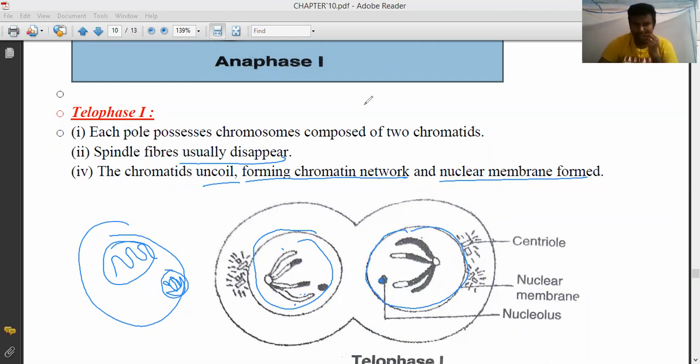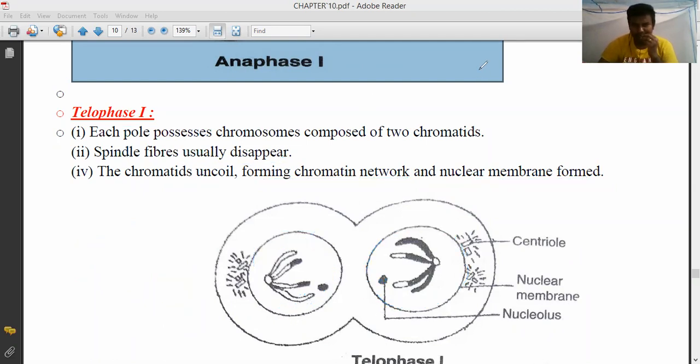Okay, next. As a result of that, what happens here? Cytokinesis 1. All the intracellular organelles are reappeared at the end of telophase 1. At that moment, this is the cytoplasm, and this is the cytoplasmic membrane.